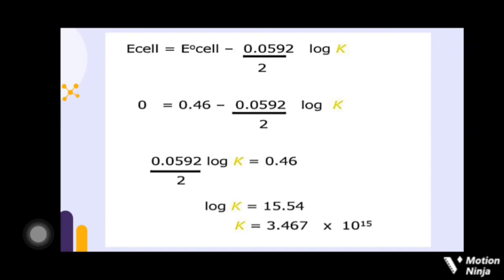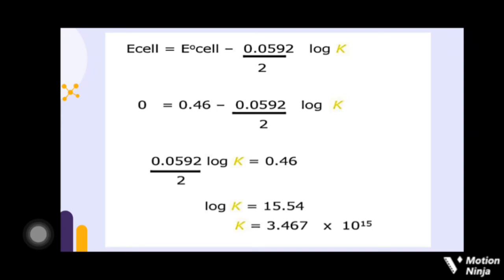So in getting the E cell, you need to use the standard state condition, where its formula is E naught cell is equal to E naught cathode minus E naught anode. After you have gathered the E naught cell, you subtract the 0.0592 divided by 2, which is the number of electrons involved in the reaction, multiplied by the log of K, the constant.